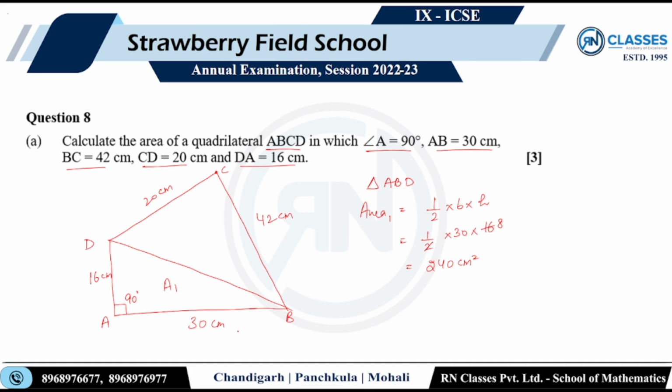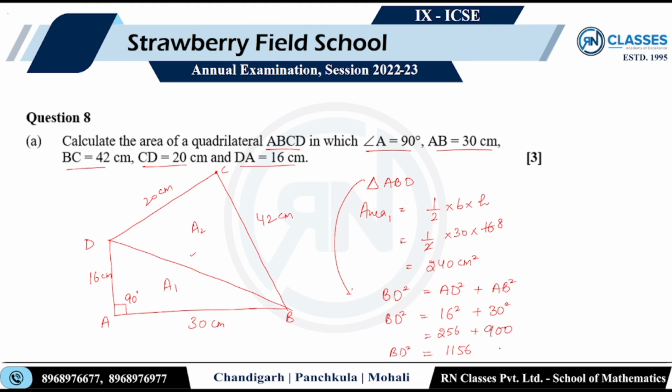This is done. Now I also have to find A2 and then add them. How do we find it? This 42 angle is not given. I need BD. So to find BD, we will apply the Pythagoras theorem in the same triangle. BD square is equal to AD square plus AB square. So BD square is equal to 16 square plus 30 square, right? So this comes out to be 256, and this comes out to 900, and the total comes out to be 1156.